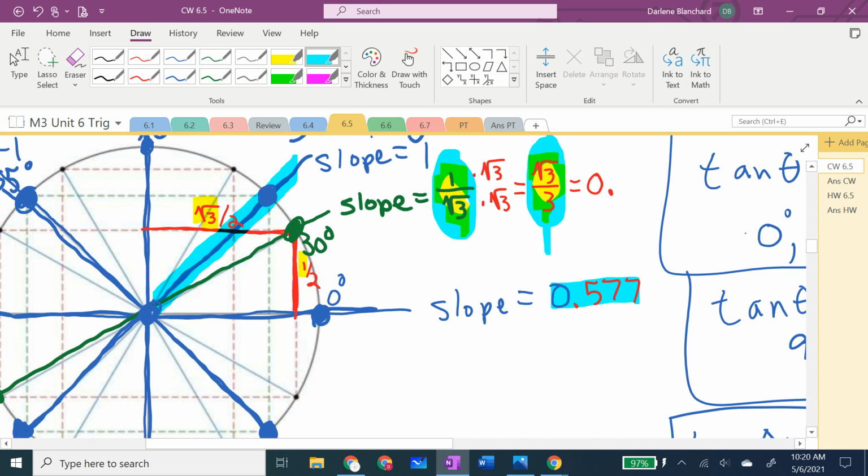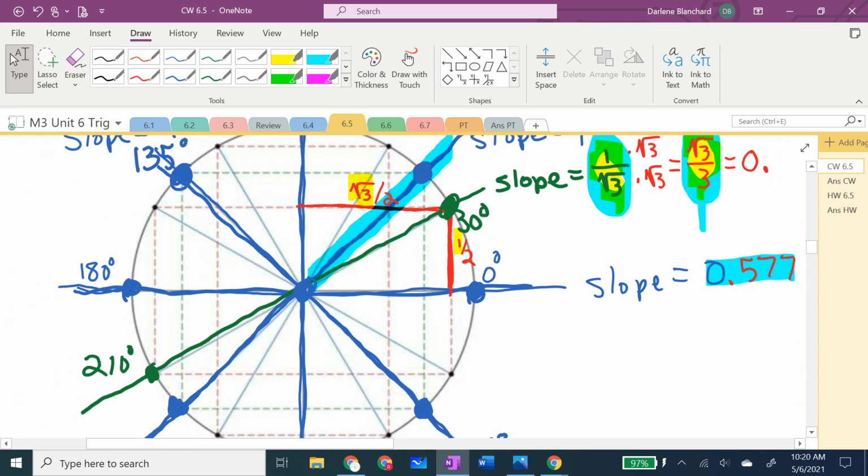On the unit circle, there is only one special angle that is less steep than 1. And that angle's slope happens to be 1 divided by root 3. I'm going to focus on this version, but they're both the same number.